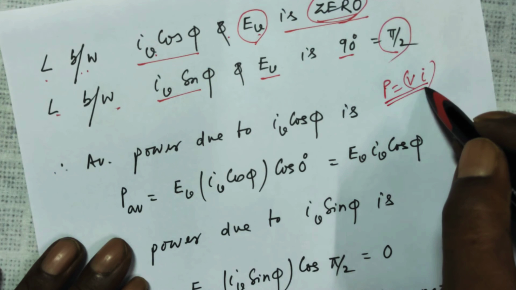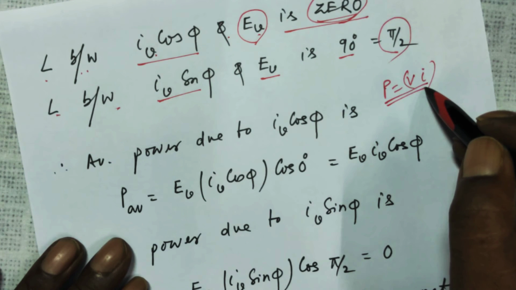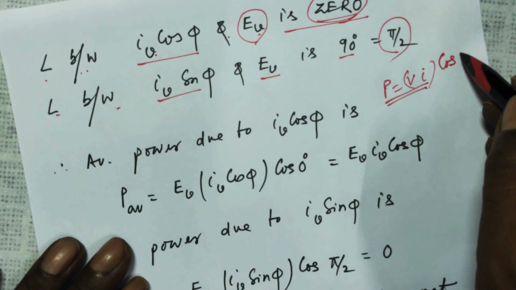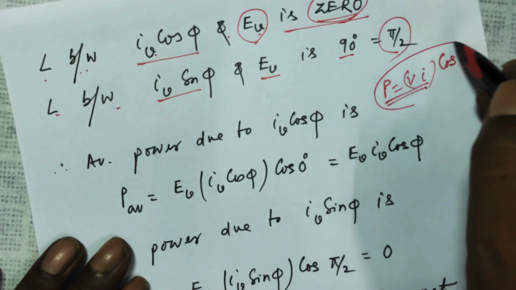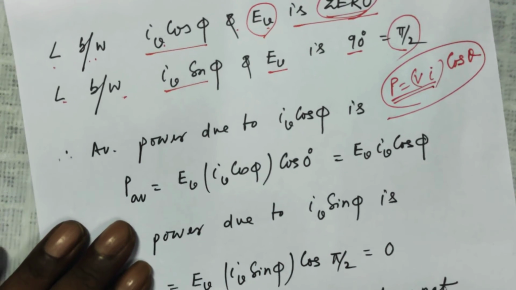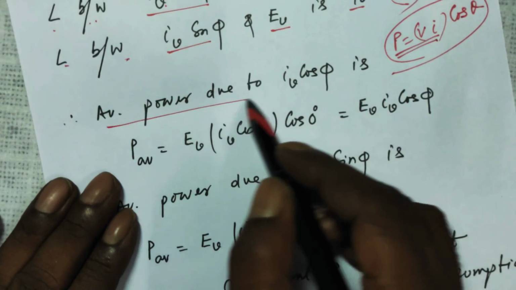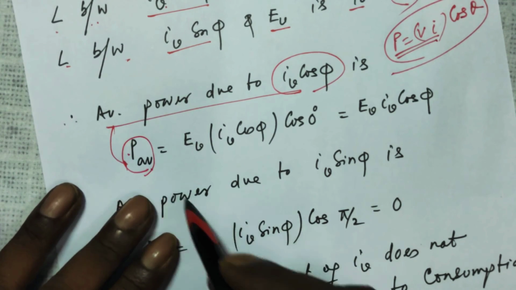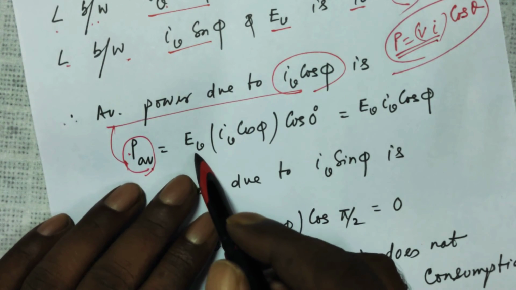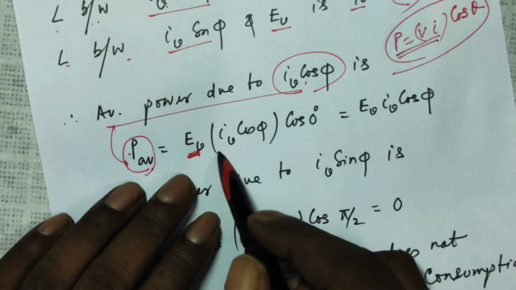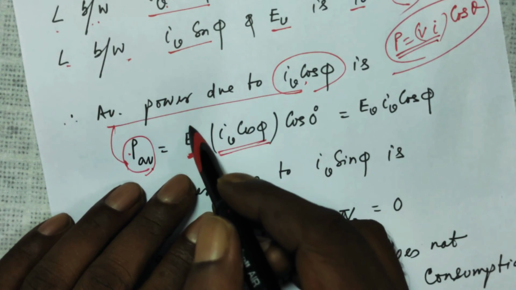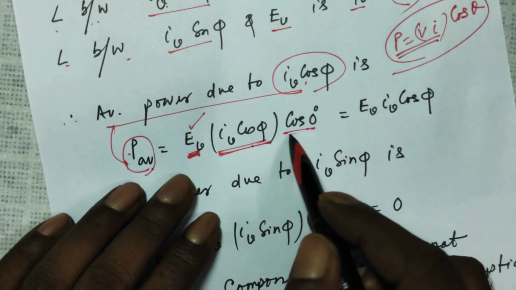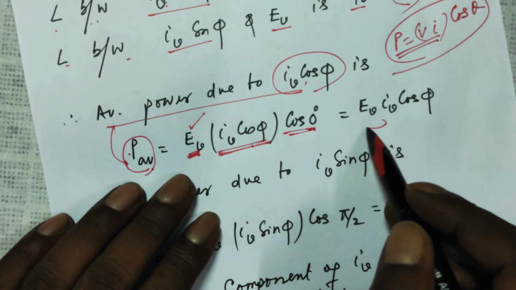This we were using for a DC circuit, but in an AC circuit there is a phase angle, so the cos of the angle has to be taken for AC circuits. So the average power due to IV cos phi will be voltage into current, and the angle between them is 0, cos 0 is equal to 1, so it is equal to this much.